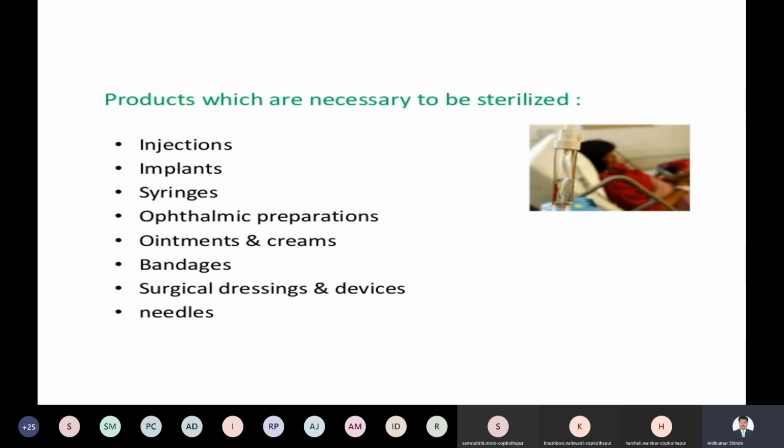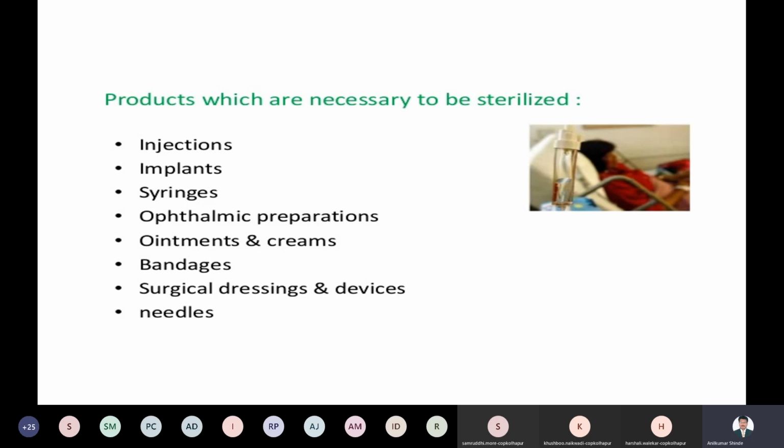Then, among the different types of pharmaceutical products, some are necessary to be sterile. So a particular product should be sterile in nature. As you know, injections are one of these. Injections are of two types, large volume parenterals and small volume parenterals, right? Large volume parenterals are called infusions or maybe saline.